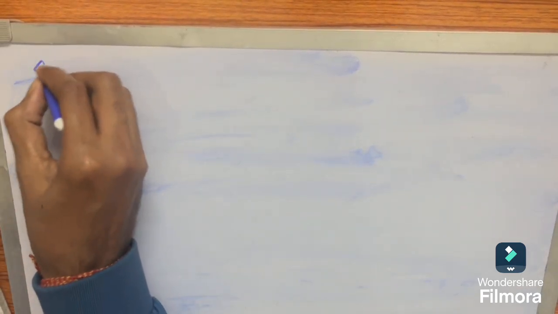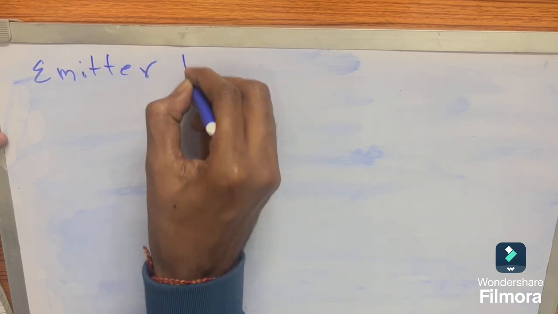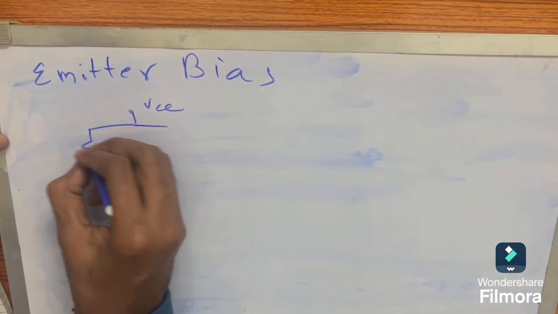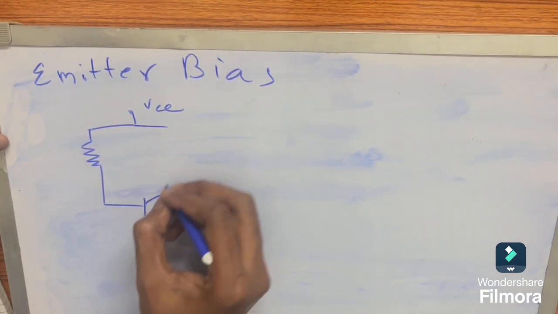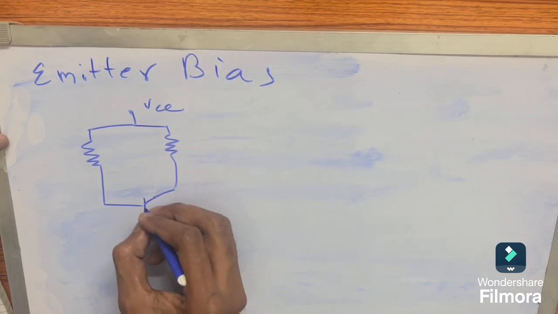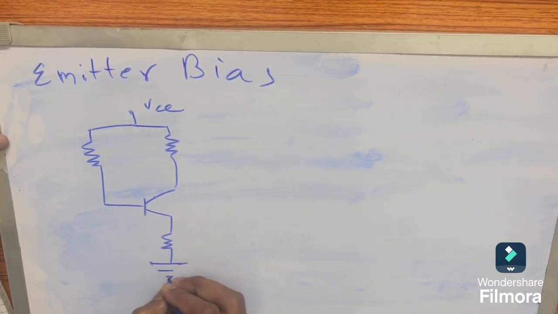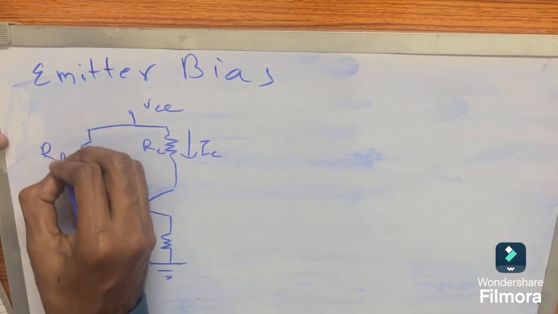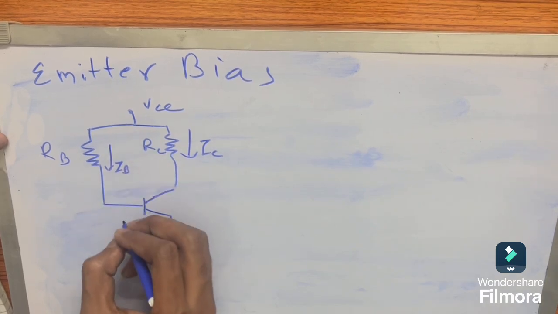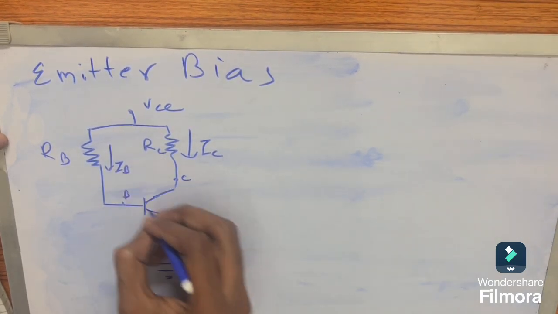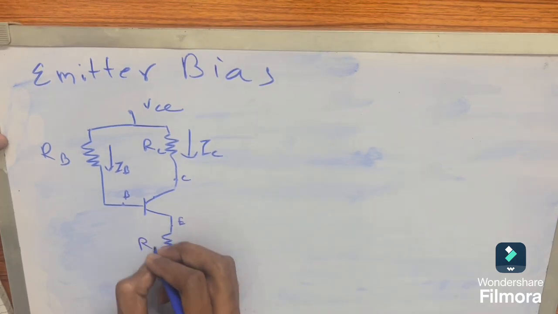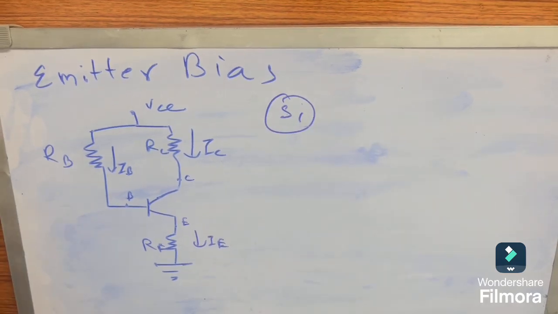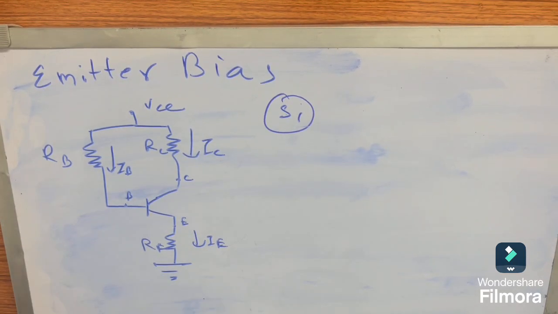Now we will derive it for the emitter bias circuit. So step 1 is applying KVL in the input loop.